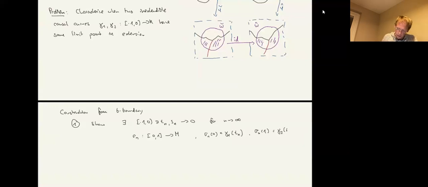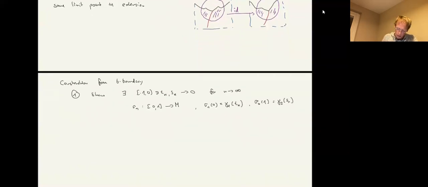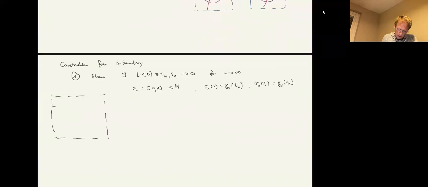So here, if I draw again a picture, here's my first curve gamma 1, and here's the second curve gamma 2, which let me draw directly as the curve of constant x. So I have these two sequences, S_n and T_n, and these connection curves sigma_n, which connect gamma 1 and gamma 2.